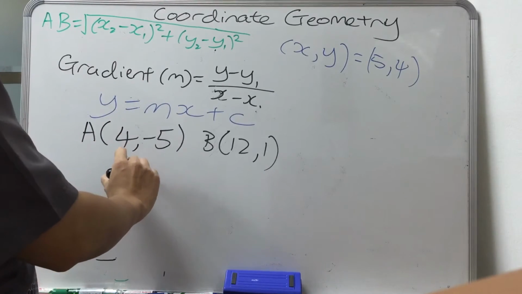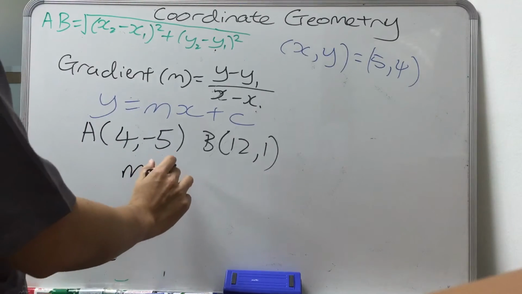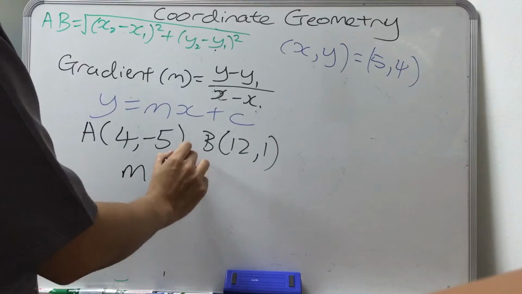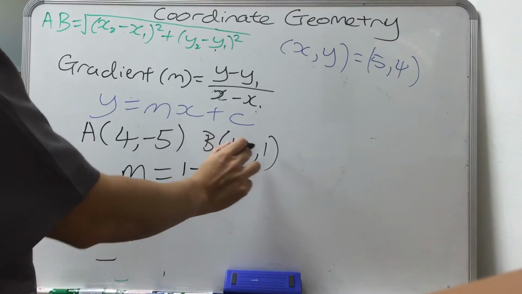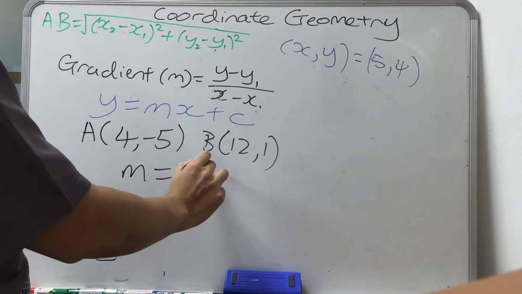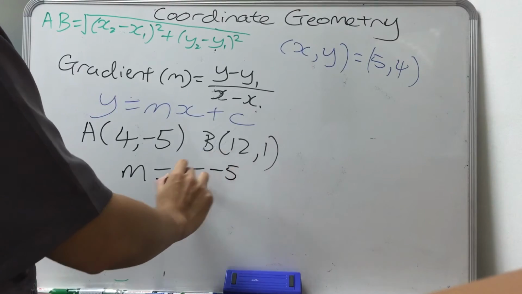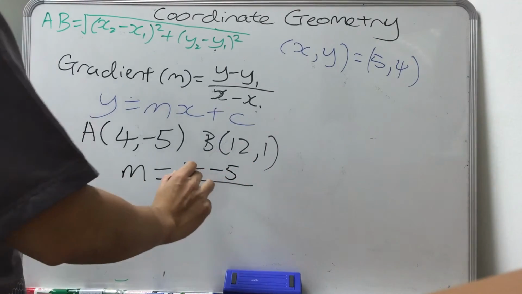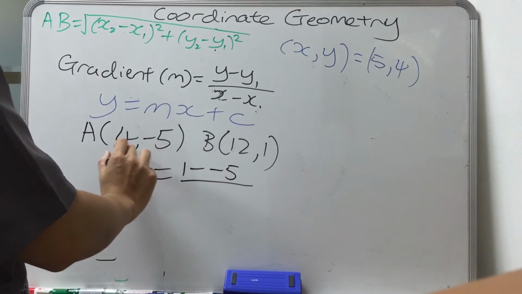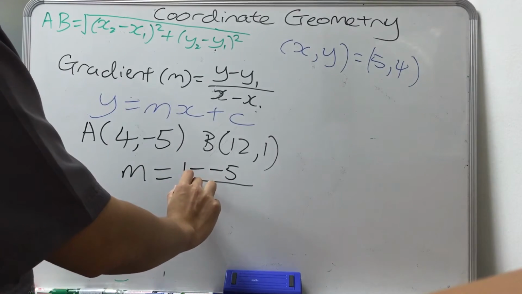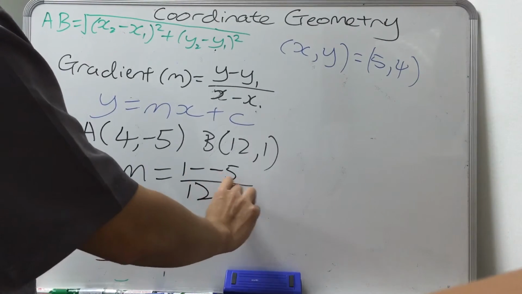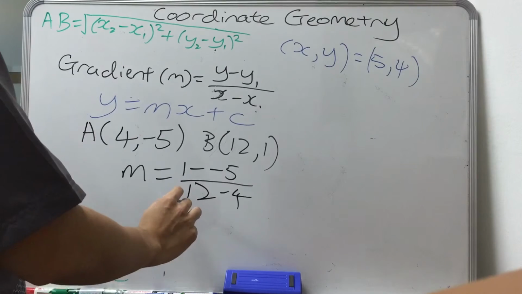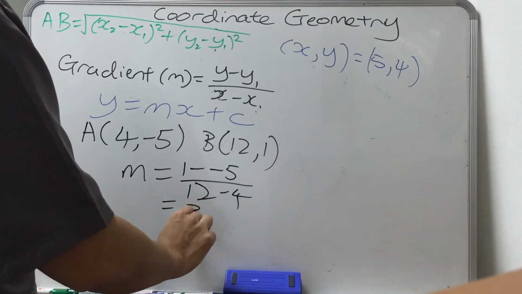So the gradient of this line AB is given by (y minus y1) over (x minus x1). So 1 minus minus 5, over 12 minus 4. So your gradient is 3/4.